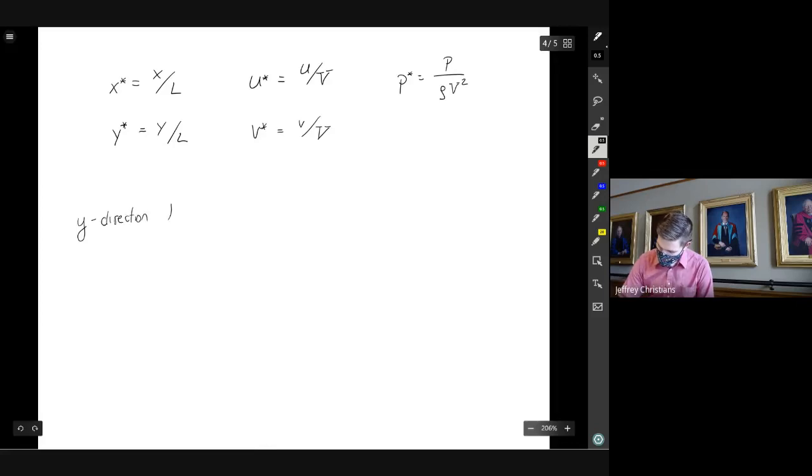But if we do that and we look at, say, the y direction Navier-Stokes, non-dimensional, it would look like this.